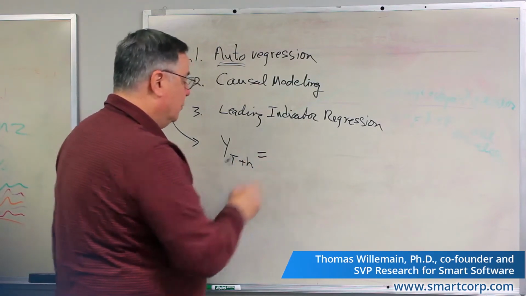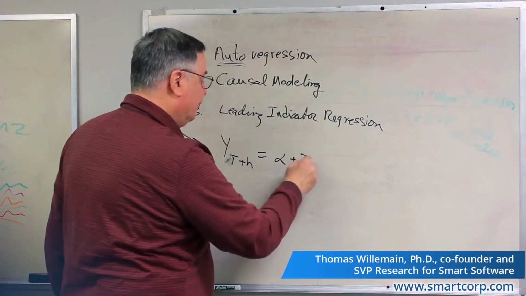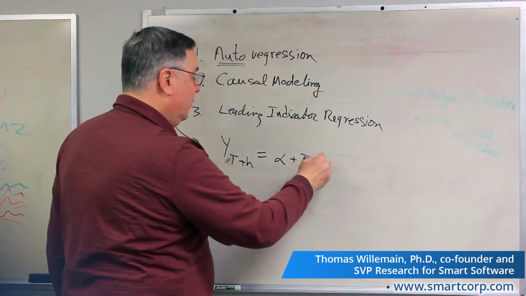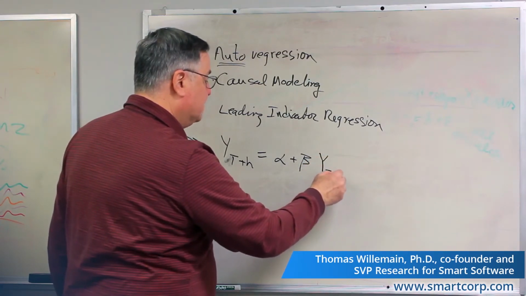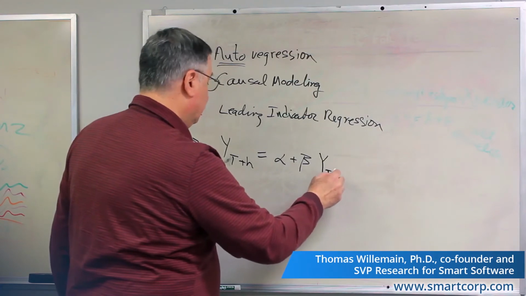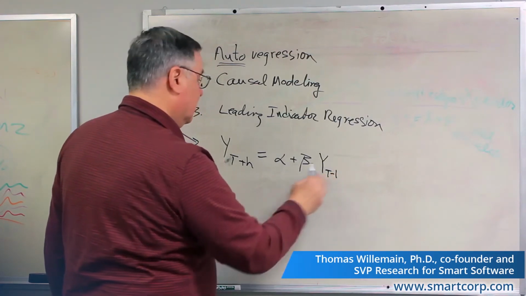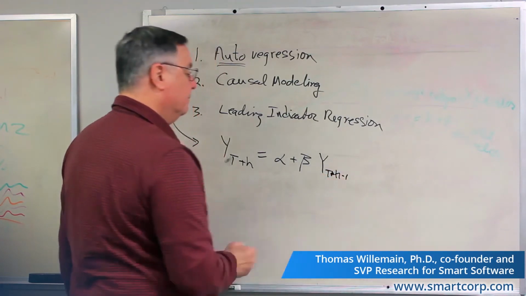And the model we can use here is we're going to have an intercept plus a slope times something. And the thing we're going to use now is y at t plus h minus 1.